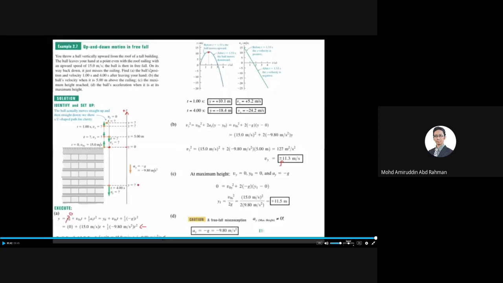As mentioned by the narrator, when the object is in free fall, the acceleration is always minus 9.8 meters per second squared.